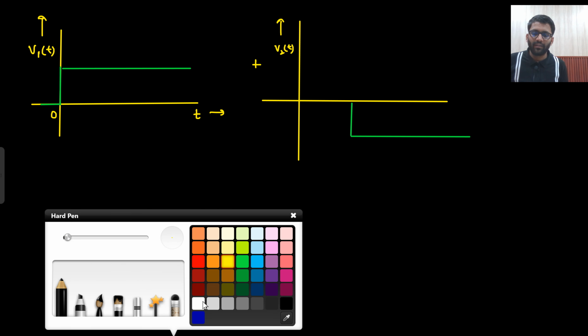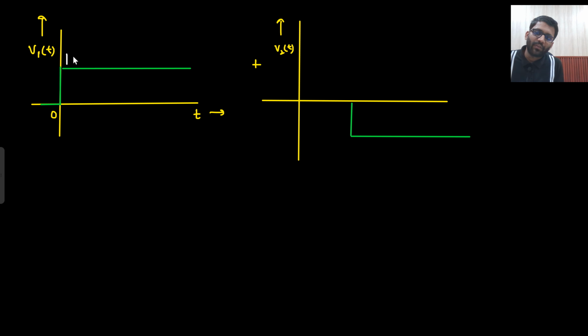If this was your 15 volt, so this will be my minus 15 volt, and before that everything will be 0. This is time t equals to 1 microsecond, for time window t, this is equal to minus 15 volt. So with respect to 15 volt you analyze, with respect to minus 15 volt you analyze. Make the bounce diagram for both of them and then you see what is happening.